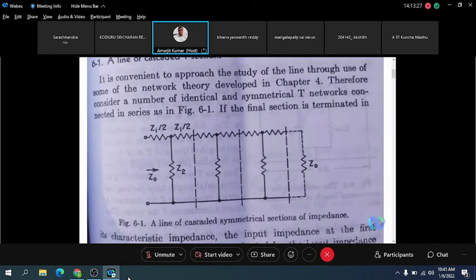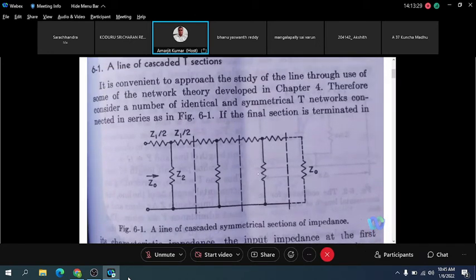So if we cascade the symmetrical T section, for that we calculated input impedance, characteristic impedance, and propagation constant. So if we cascade a large number of symmetrical T sections and we terminate with the final load impedance Z0.